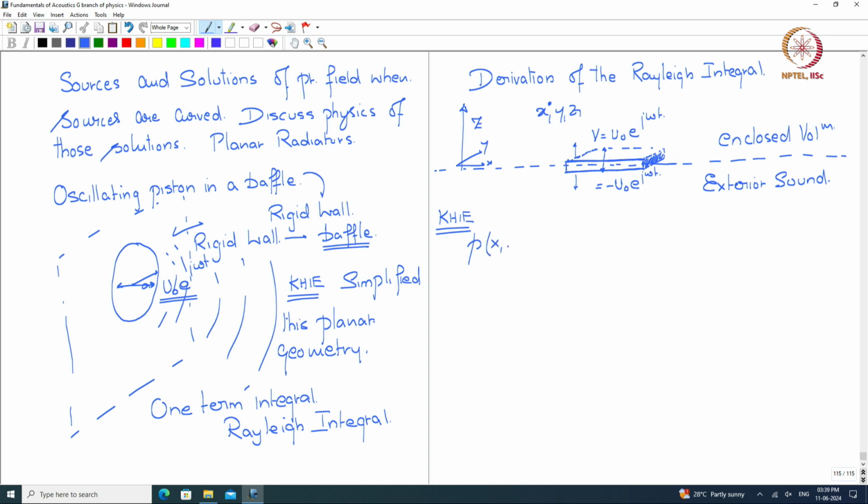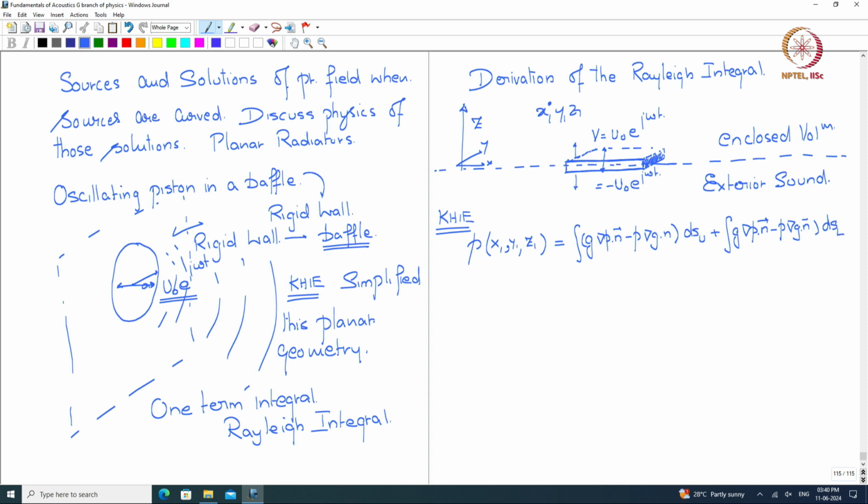So the pressure at x1, y1, z1 looks like, let me write it simply, the integral over the top surface of G del P dot n minus P del G dot n, ds of the upper surface, plus the integral of the same thing, G del P dot n minus P del G dot n, ds lower surface.